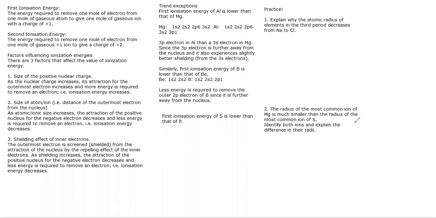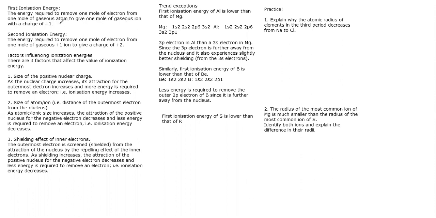Okay, so I'm going to share with you the topic of ionization energy. The definition of first ionization energy is the energy required to remove 1 mole of electrons from 1 mole of gaseous atoms to give 1 mole of gaseous ions with a charge of +1.